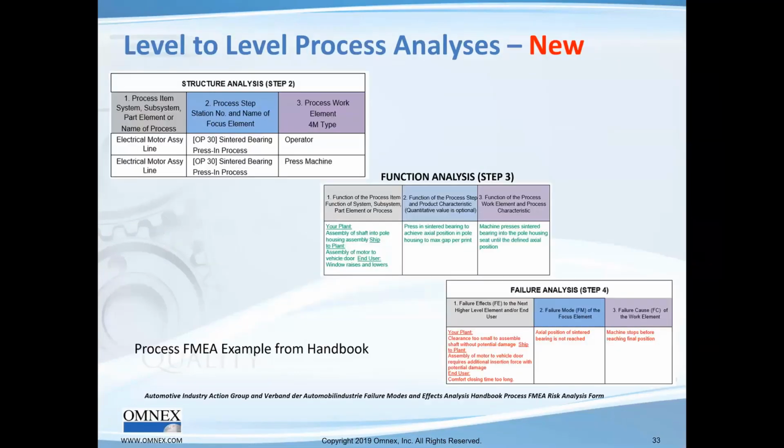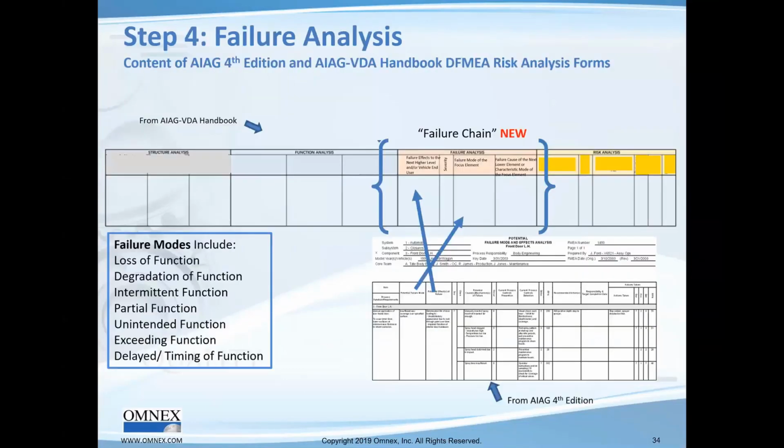And then, of course, you have this level-to-level relationship, which is very different from the 4th edition. I know you saw it earlier, where we're presenting it here as a difference between the 2. And this level-to-level difference, meaning 3 levels of structure, 3 levels of function, 3 levels of failure, is purely an AIAG VDA way of doing things, whereas you had all 3 of these, but only at 1 level in the AIAG 4th edition.